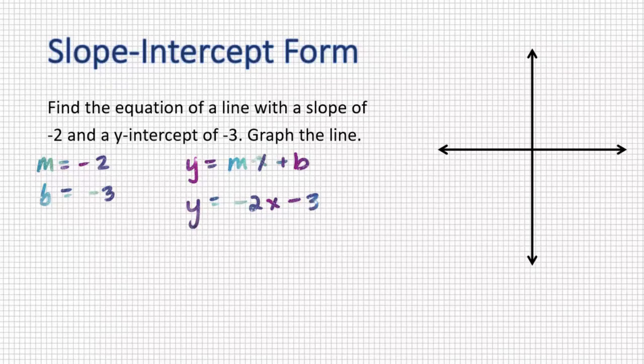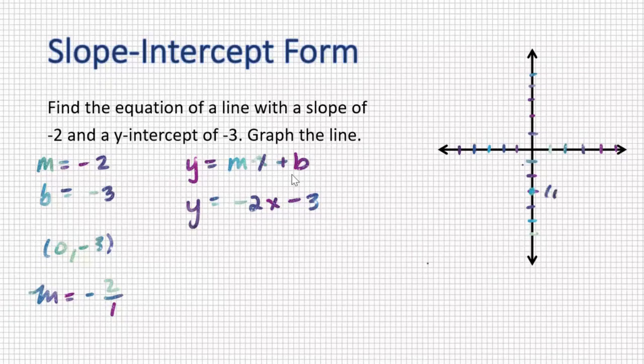In order to draw a graph, we just need 2 points or 1 point and the slope. In this case, we have 1 point, a specific one, the y-intercept, the point (0, -3), and the slope of -2/1, or -2. So we start with the point (0, -3).